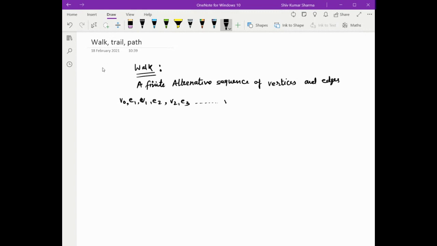And we write it as Vk minus 1, Ek, Vk, Ek plus 1, and so on.